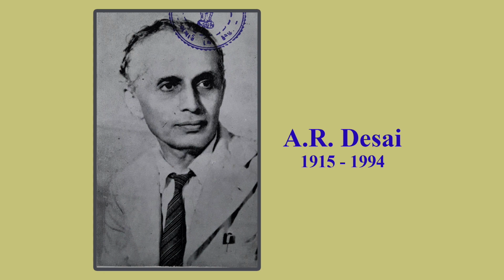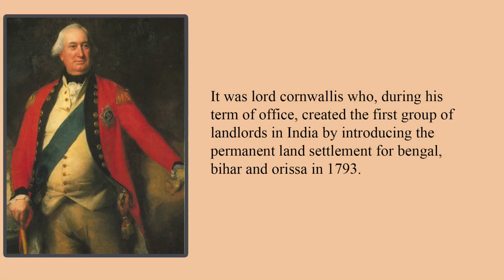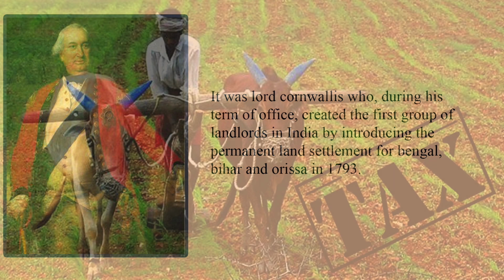Commenting on the introduction of private property in land, A.R. Desai observes, it was Lord Cornwallis who, during his term of office, created the first group of landlords in India by introducing the permanent land settlement for Bengal, Bihar and Orissa in 1793.